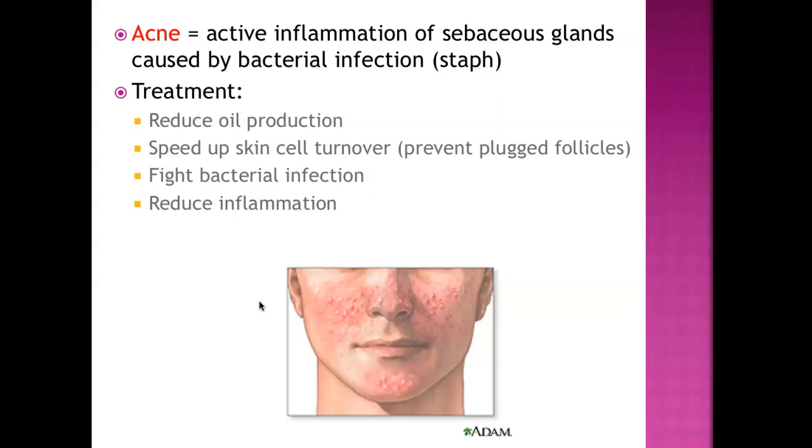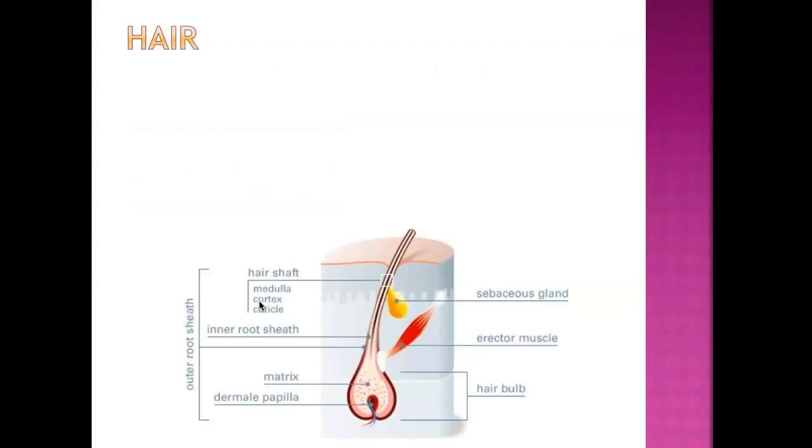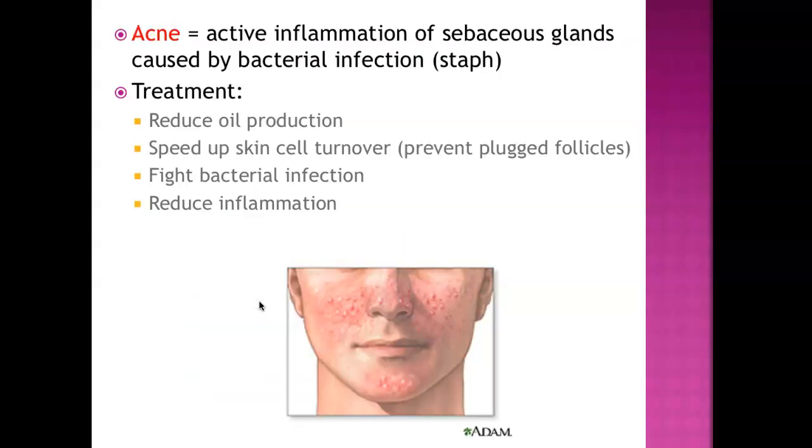What that does is it increases the cell turnover, meaning that the skin gets sloughed off really quickly, so it prevents plugging of the follicles. You can take oral antibiotics or use topical antibiotics, and then just reducing inflammation in general. Reducing that immune response can help with acne.